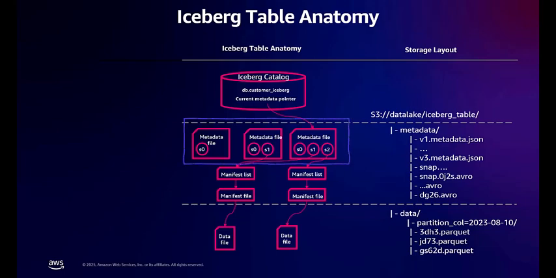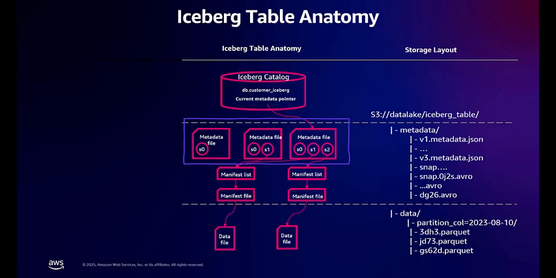So now let's talk about what a metadata file is. A metadata file stores the table state. Any change creates a new metadata file, replacing the old one with an atomic swap. The table metadata file tracks schema, partitioning, properties, and other snapshots of the table content.